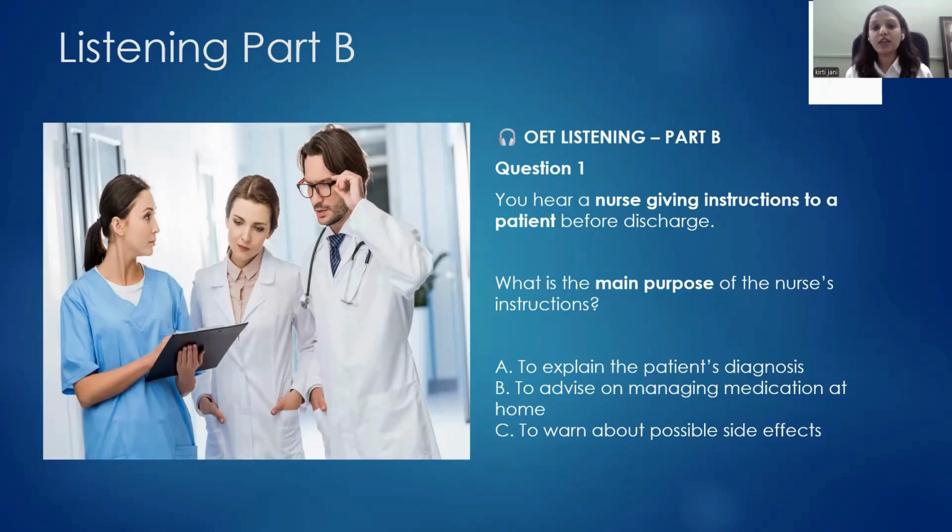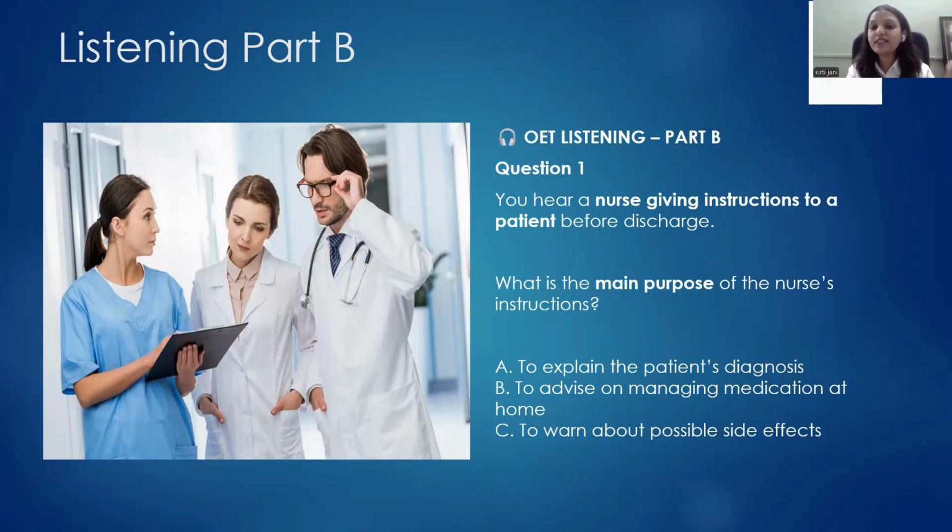In listening part B, you'll hear 6 different extracts. You have 6 MCQs with 3 answer options, and you have 1 extract per question. You'll first listen to the context statement. For instance, you hear a nurse giving instructions to a patient before discharge.